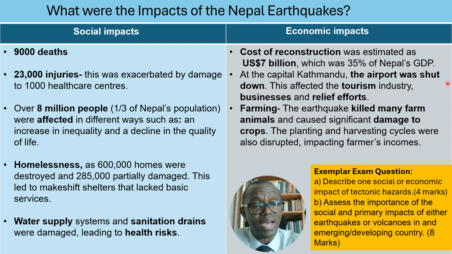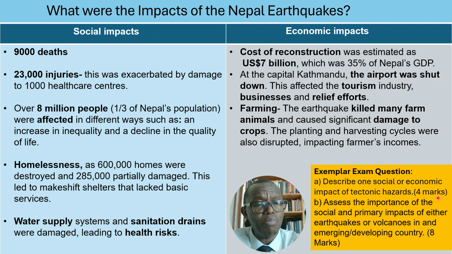So meaning that people now could not be treated in the healthcare centers that were available before the earthquake. Now, that then implies that a country like Nepal would have to rely on other countries and other agencies or organizations to come in or step in to help them. So these are points that you could discuss at length in an 8-mark question.